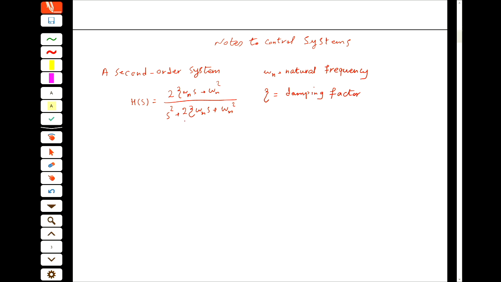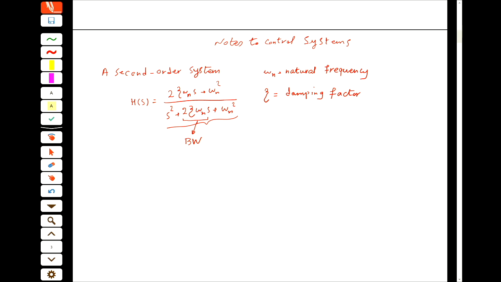If we look at the denominator of this equation, we call 2 zeta omega n the system bandwidth. In the second order, this is the system bandwidth. In the first order also, you know.